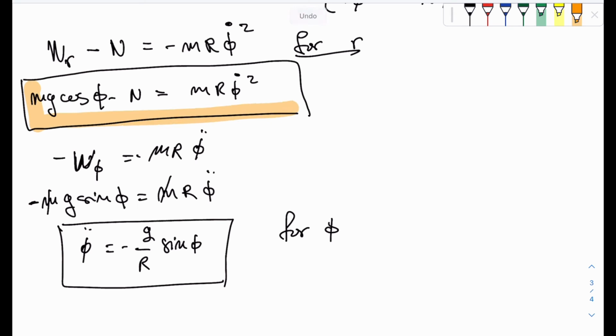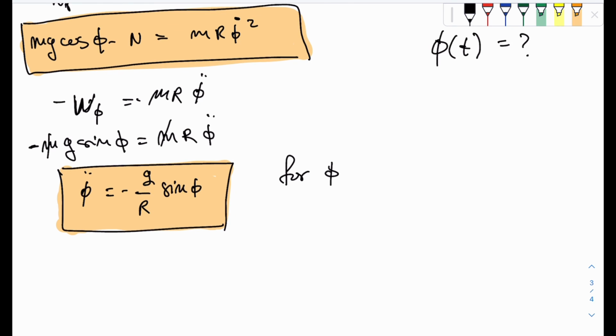So these are two equations of motion that we need to solve. We need to find phi of t. Luckily we just need one equation, the second one, for phi. We are not going to solve it completely.